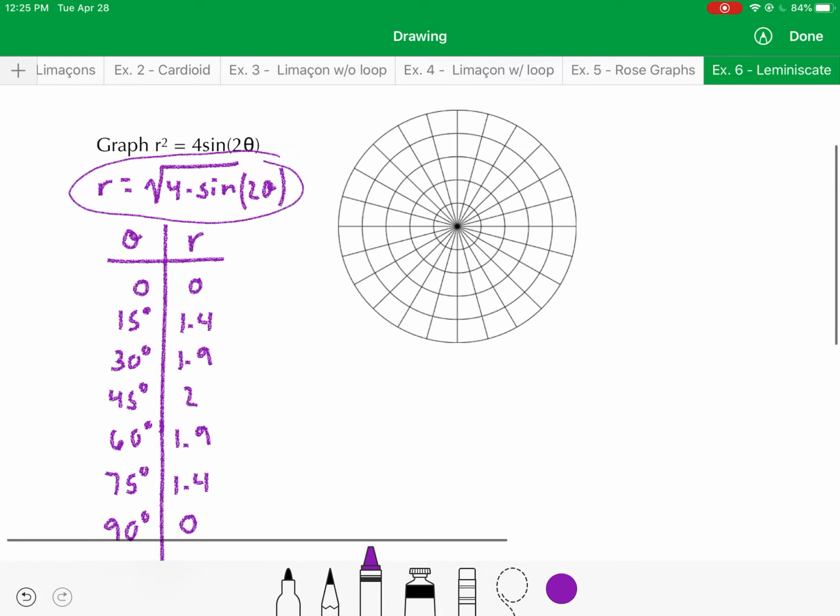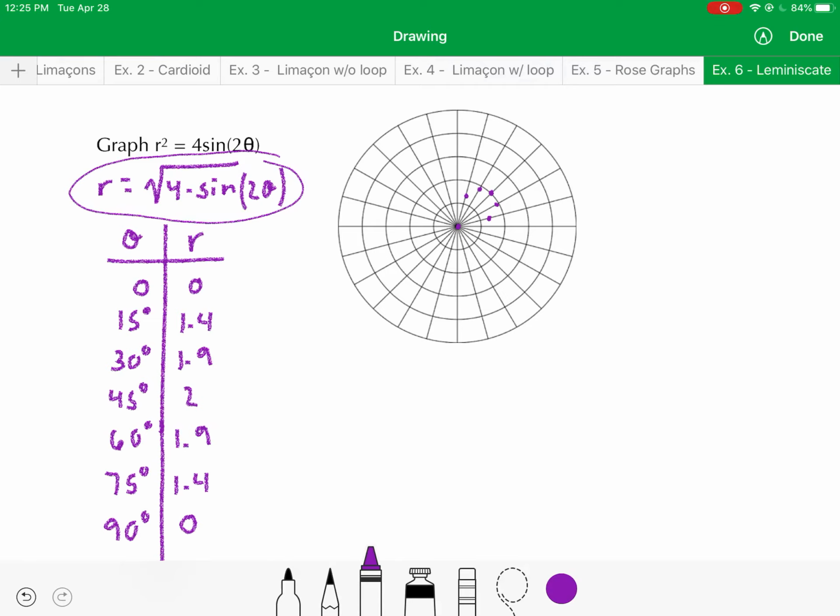And notice I just plugged in all my first quadrant angles for this particular table, okay? 0 through 90 degrees in 15-degree increments. So notice plugging 0 in gives me an r value of 0, so I've got a point at the pole. 15 degrees gives me an r value of 1.4. 30 degrees gives me 1.9. 45 degrees gives me 2. 60 degrees also gives me 1.9. 75 gives me 1.4, just like 15 did.